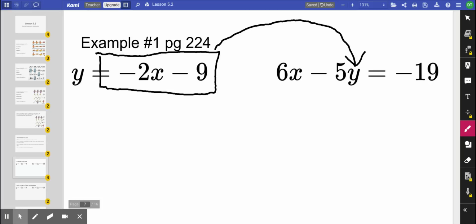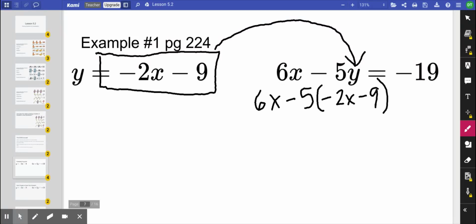So our second equation now becomes 6x minus 5 times negative 2x minus 9. And that negative 2x minus 9 is in parentheses, so that 5 has to be distributed through all of that. And it's still equal to negative 19.